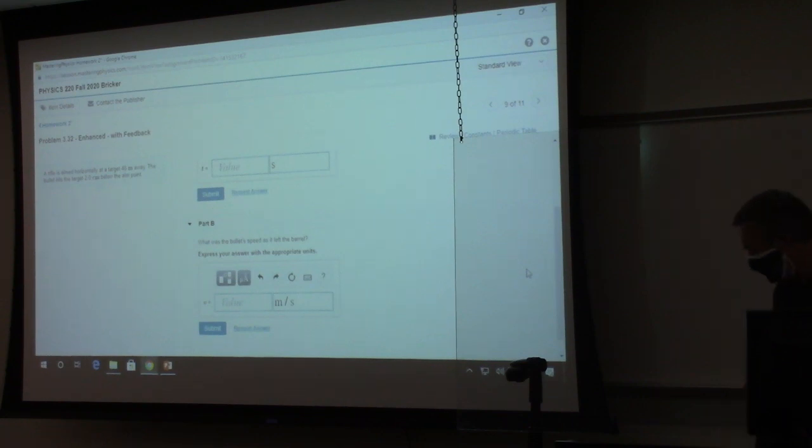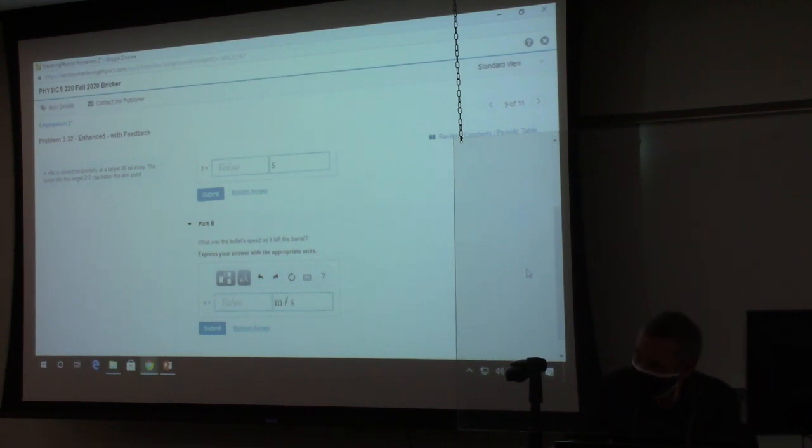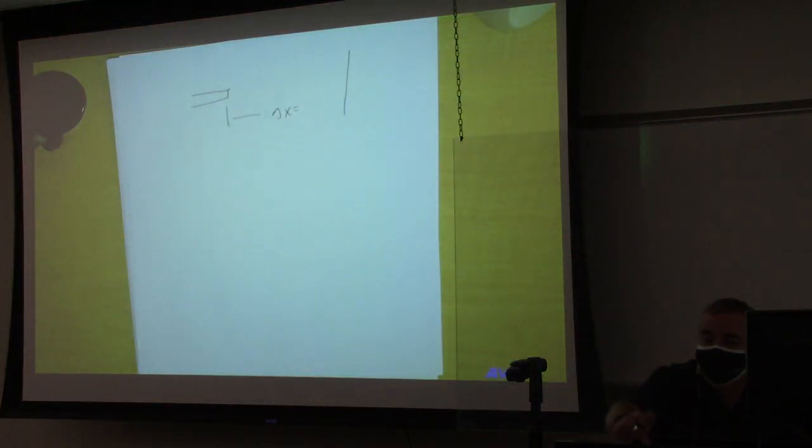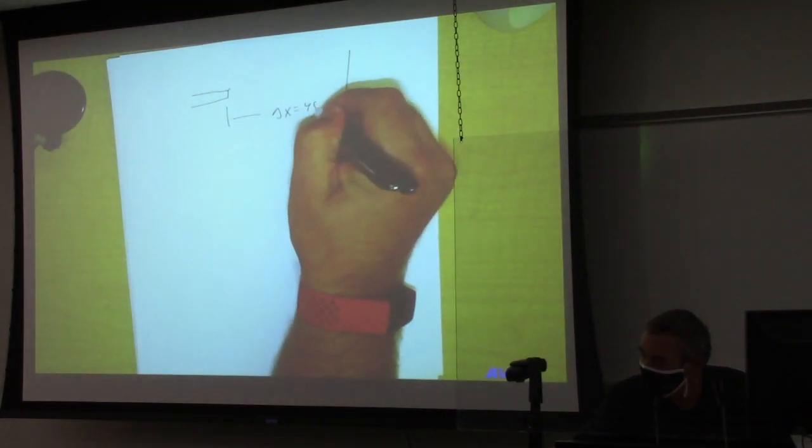Okay, so we'll definitely need a picture for this one. So again, you might have different numbers. Okay, excellent. So this distance is 48 meters away.